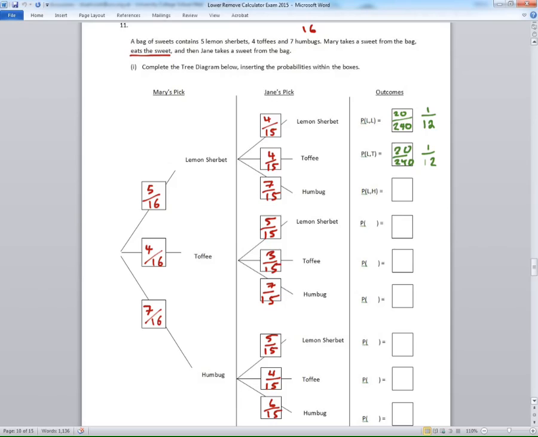Probability of lemon sherbet humbug, 5/16 times 7/15, which is 35 240ths, 7/48ths. 4/16 times 5/15 is going to be probability of toffee lemon sherbet. Probability of toffee toffee is 4/16 times 3/15, which is 12 240ths, or 1/20th. And we can fill out the rest of the table in the same way.